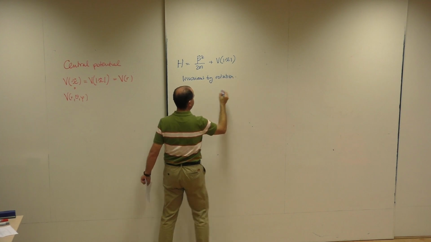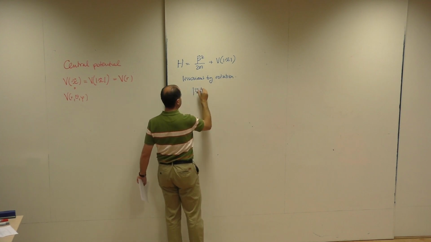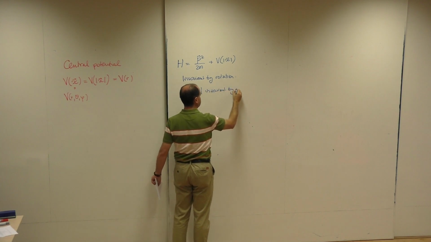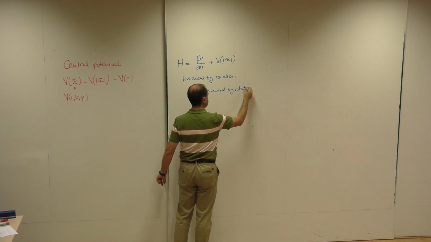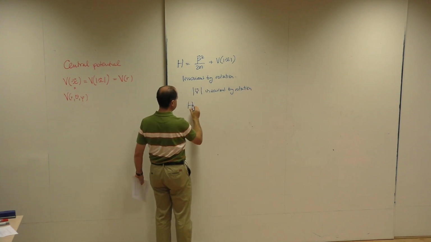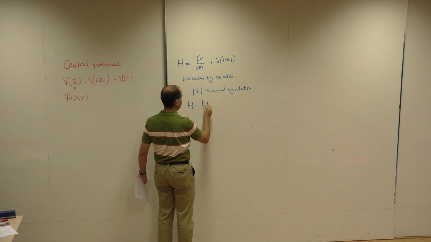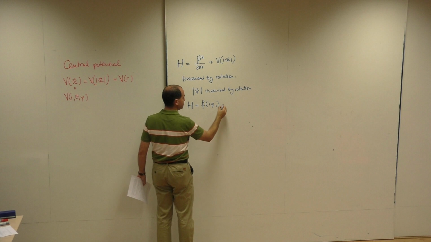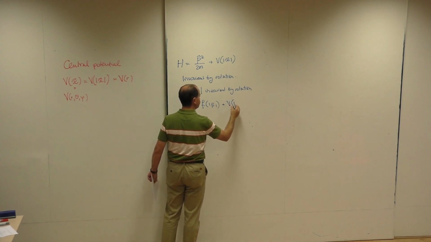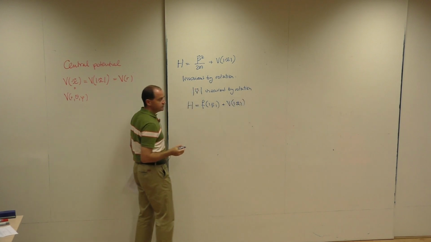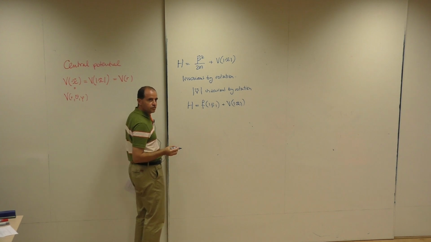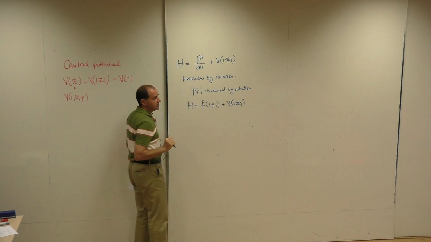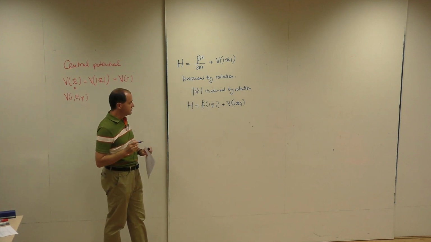Well, because the norm of a vector is invariant by rotation. And the Hamiltonian there is a function of the norm of the vector p, p squared, plus another function of the norm of the vector x. So upon rotation, these will not change. Therefore, the Hamiltonian is invariant by rotation.